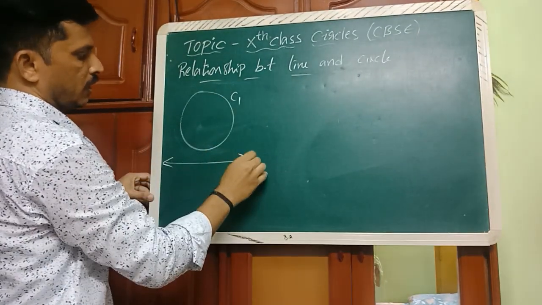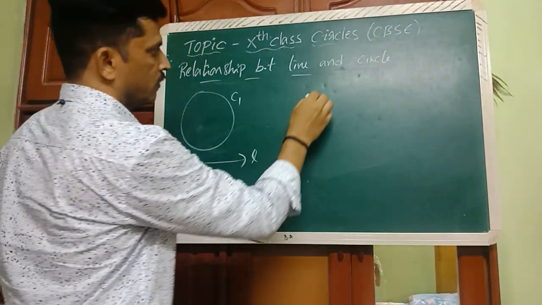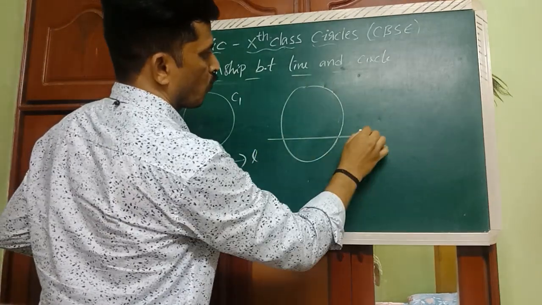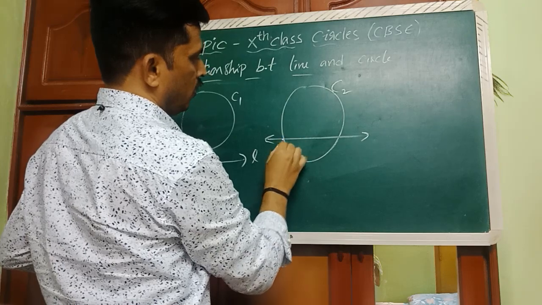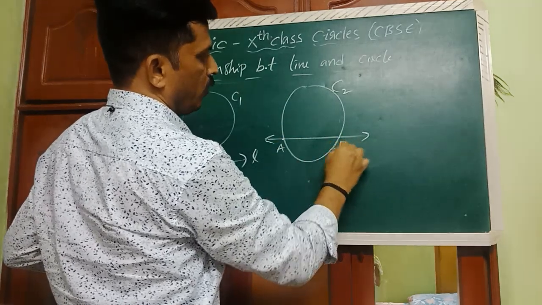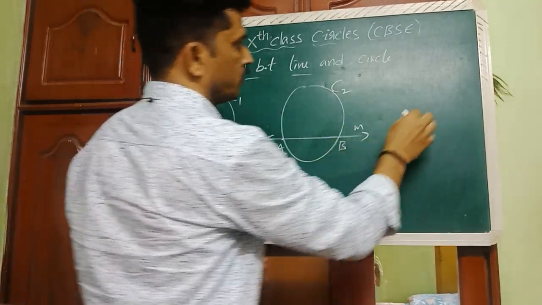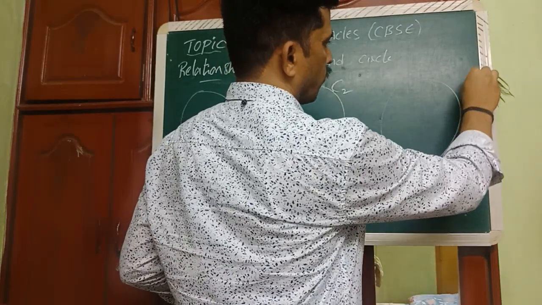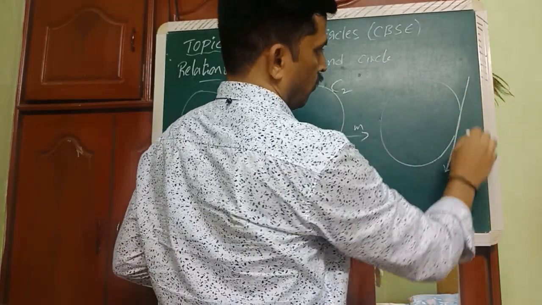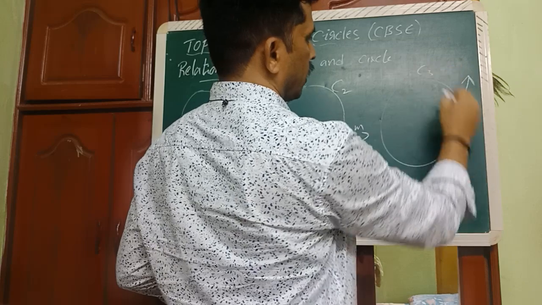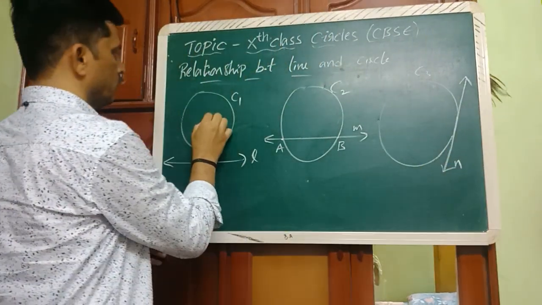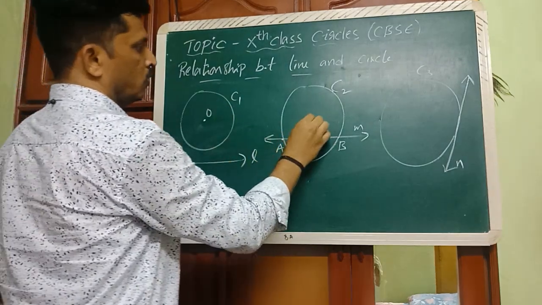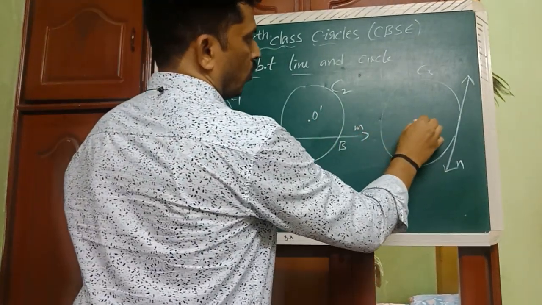This is circle C1, this is line L. This is circle C2, these two intersecting points are A and B, this line is M. This is circle C3, this line is N. All the centers are O, O dash, O double dash.